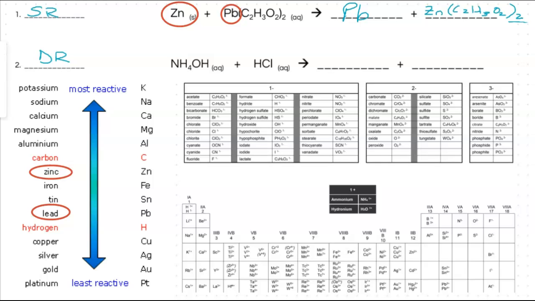When you look up your ions, ammonium is NH4, and it is located right here in the middle of your periodic table. That ammonium is going to split from the hydroxide, and the hydrogen is going to split from the chlorine.